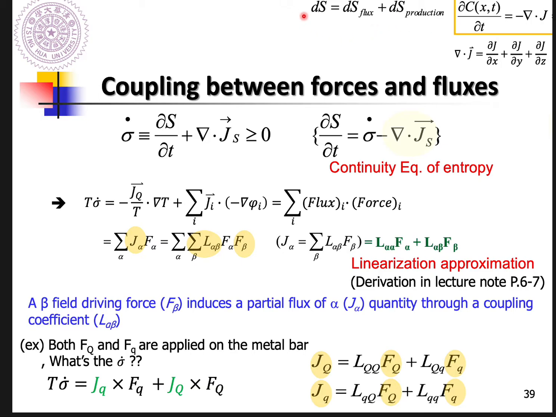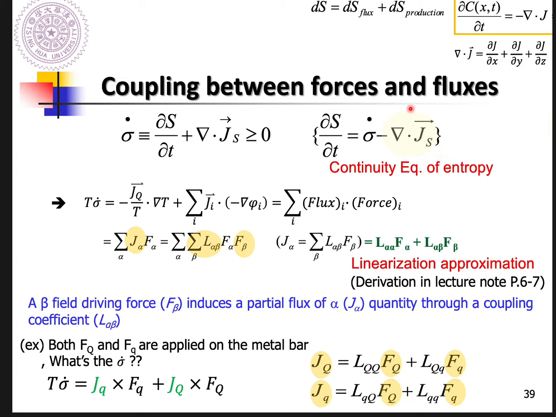So by taking the partial derivative with respect to t, per unit volume, you get partial s partial t equals the entropy production rate per volume, and then the flux term, when you take partial s flux partial t, becomes the minus divergence of entropy flux.